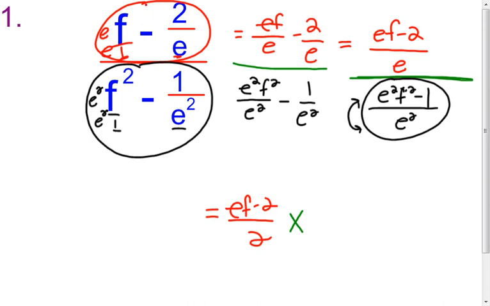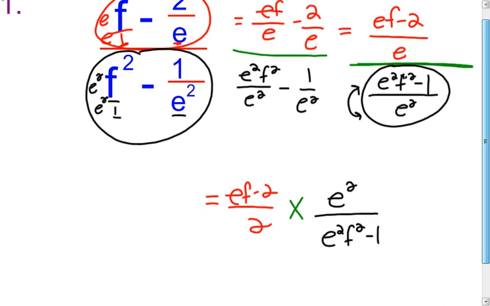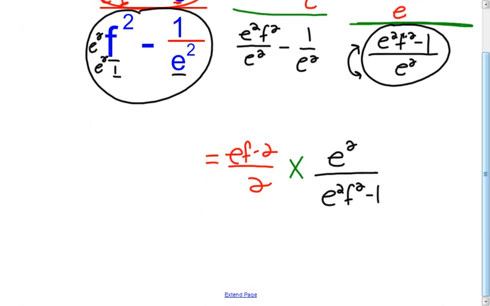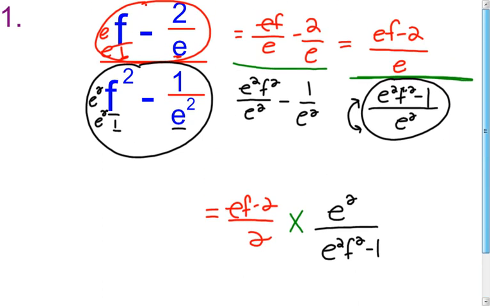So dividing by something is the same as multiplying by the reciprocal. So I will switch this so that it becomes like that. And you know what? This should not be a 2 right here. Sorry guys, this should have been an e. I just recopied that wrong.